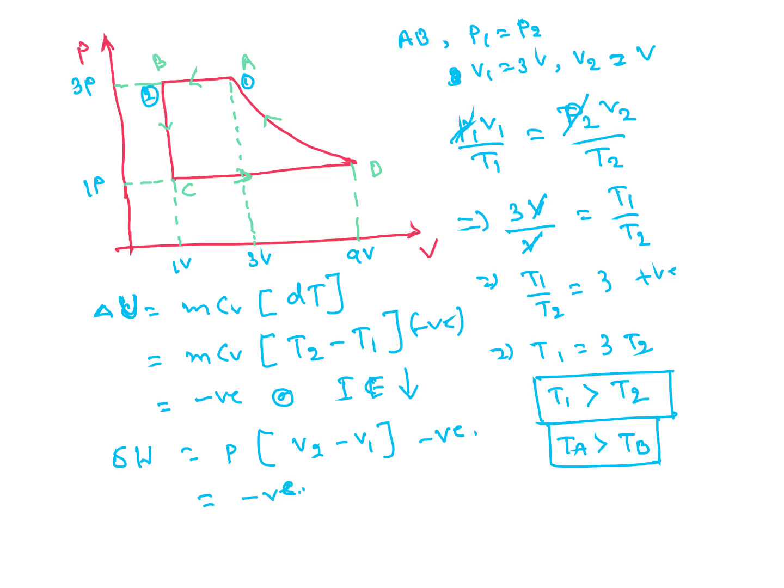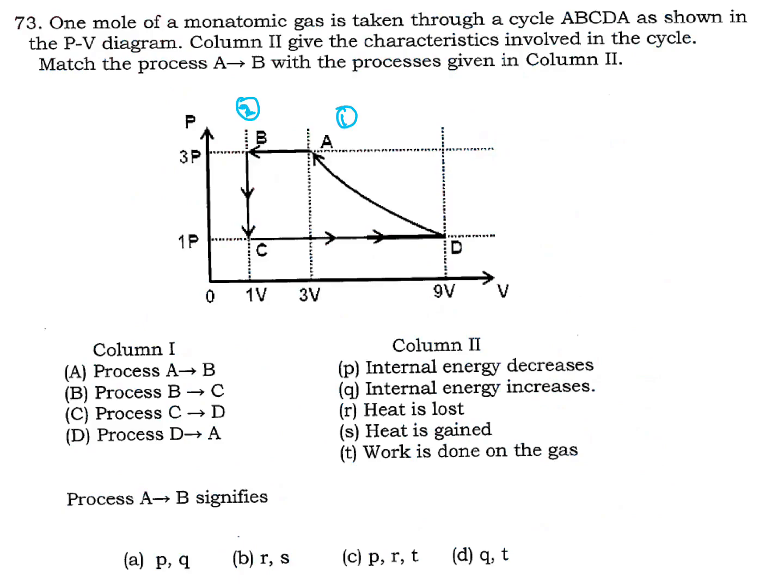Then heat transfer, it's del U plus del W. Del U also negative, del W also negative work done, so heat transfer will be negative. So process AB, del W is negative, or work done on the gas. Then change in internal energy is also negative, or internal energy is decreasing.